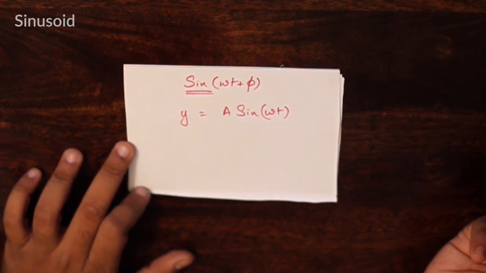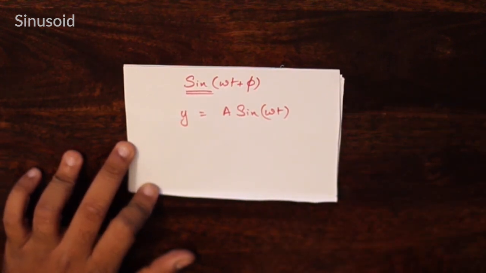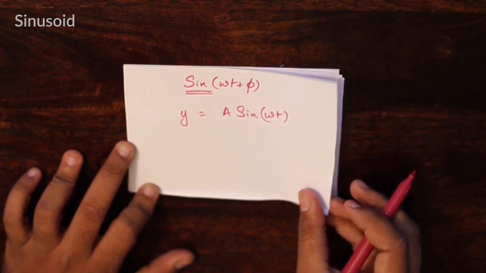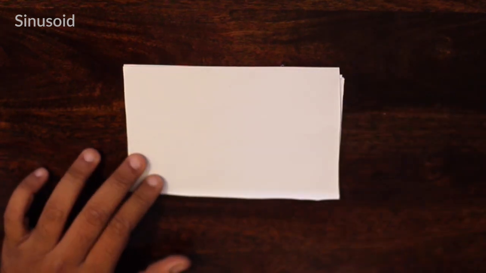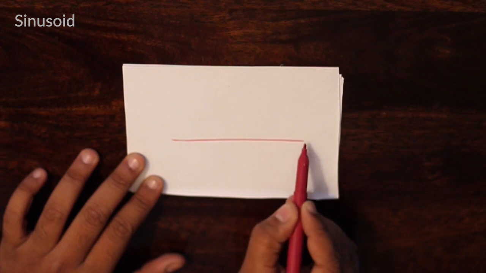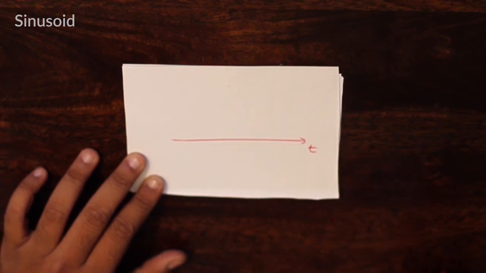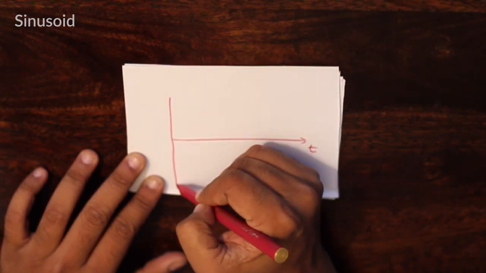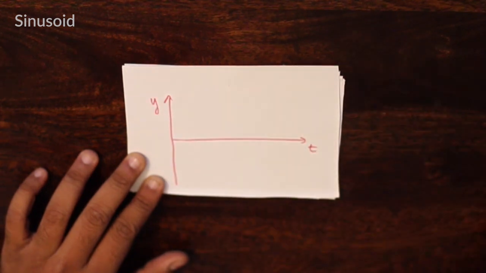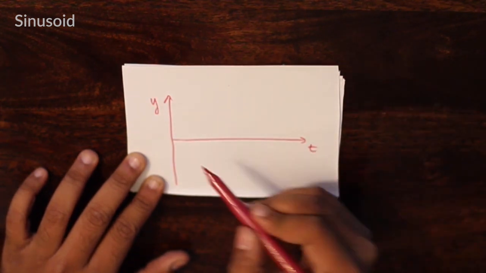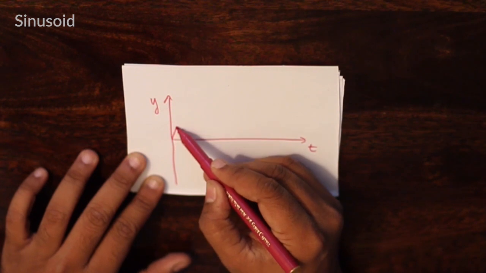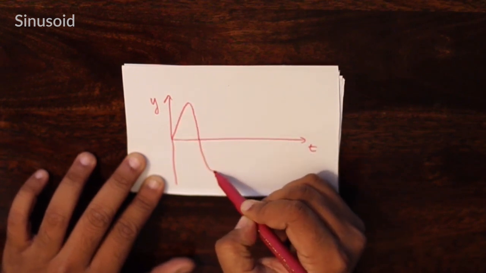What happens here? For this, let us draw the sine curve. Let us see what A sin ωt looks like. If this were the time axis and this is the y-axis, then y is equal to A sin ωt would be something like this, which is the sine curve.